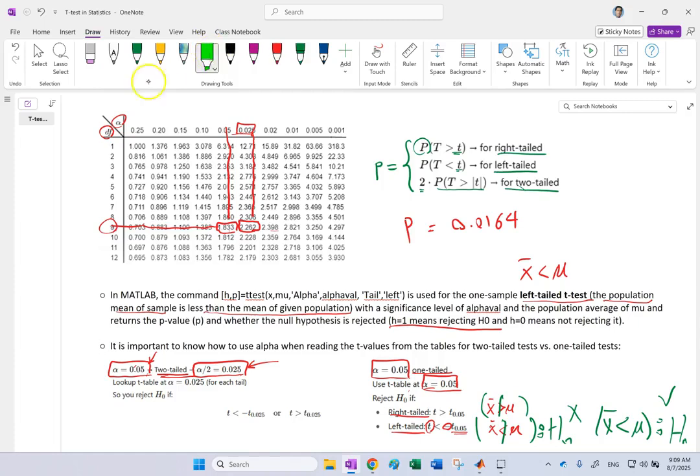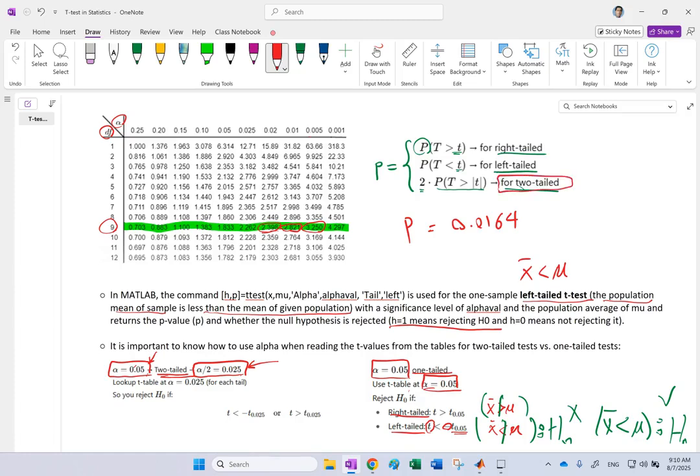So what I want you to focus on is this row here. You see that for alpha of 0.02, that's 2.398. For alpha of 0.1, that is this one. For alpha of 0.005, that is this one, and so on and so forth. Now here, remember, it's a two-tailed t-test that I did.